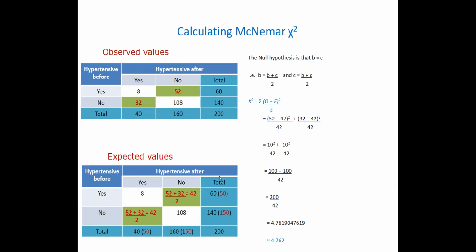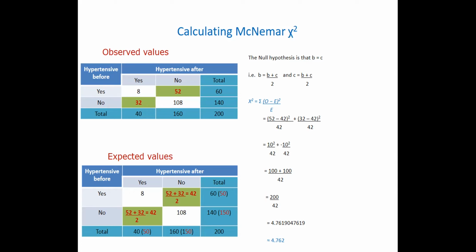Now, if the null hypothesis were true, you know there will be an expected value. What should be the value inside that cell instead of 52, and what should be the value instead of 32? Who can tell me? Because you just need to listen. What should be the expected value now?